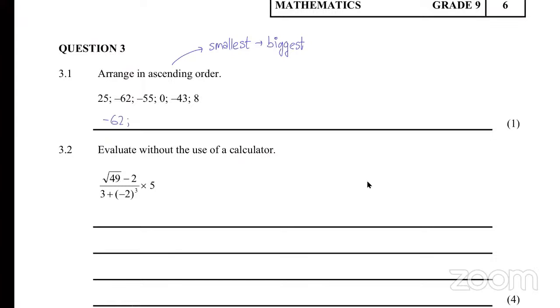Then we'd end up with negative 55, negative 43, going towards 0, right? Then 0. Now we're going to go 0 upwards. What's the biggest number in the set? 25, correct? All right, so we're going to do 8. Then we're going to do 25.